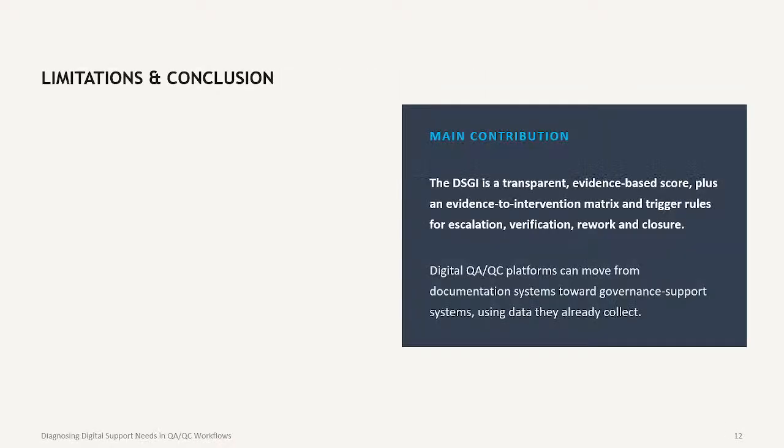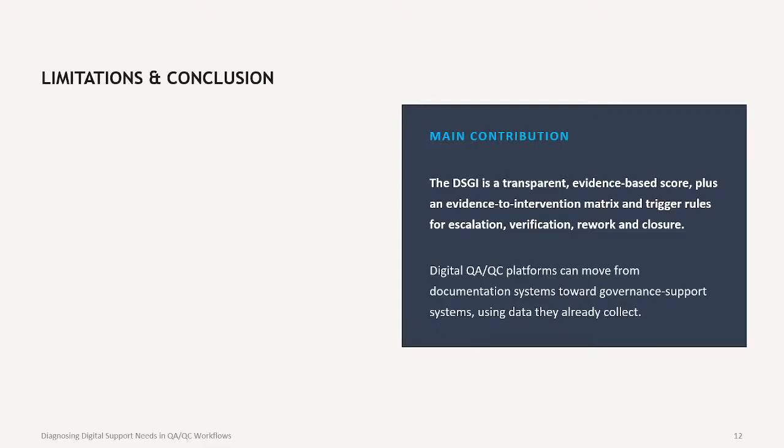Our main contribution is that we propose this index, DSGI, to be used in modern digital quality assurance and quality control platforms to assess whether any workflows are being stalled or transitions are not going well. That index will be used as an indicator to take further action.